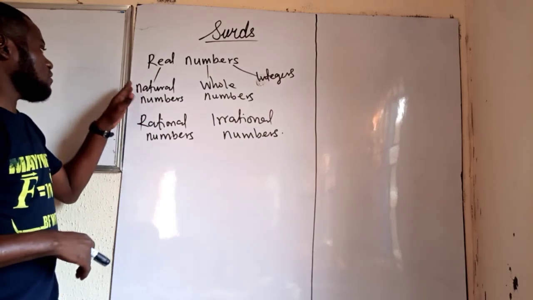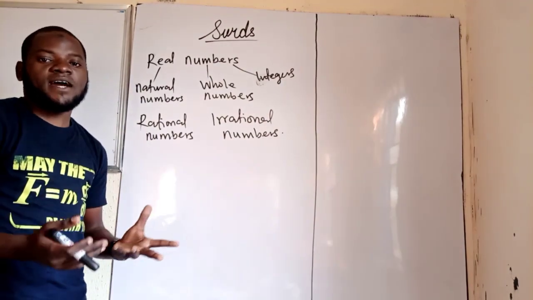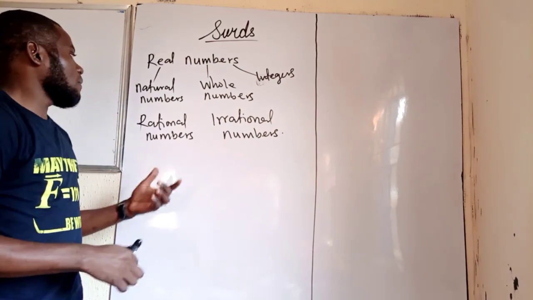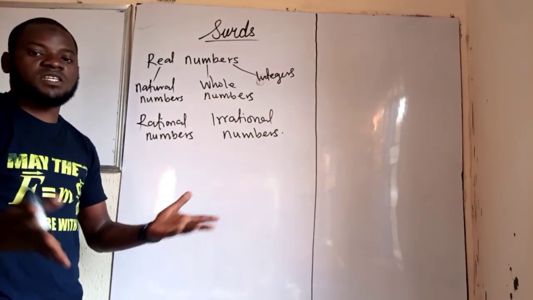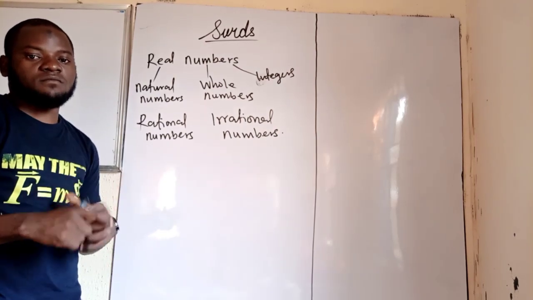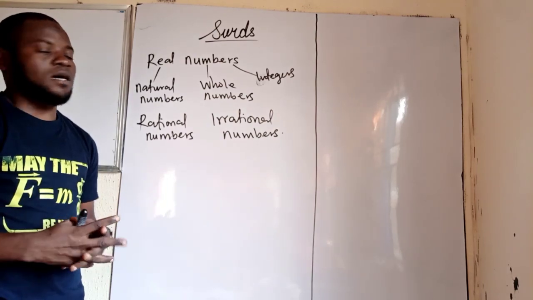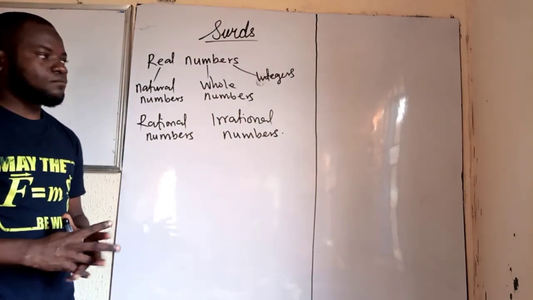Natural numbers are those numbers that we regard as counting numbers, whereby we have 1, 2, 3, 4, and so on. The smallest natural number is 1, while we don't have a largest natural number.